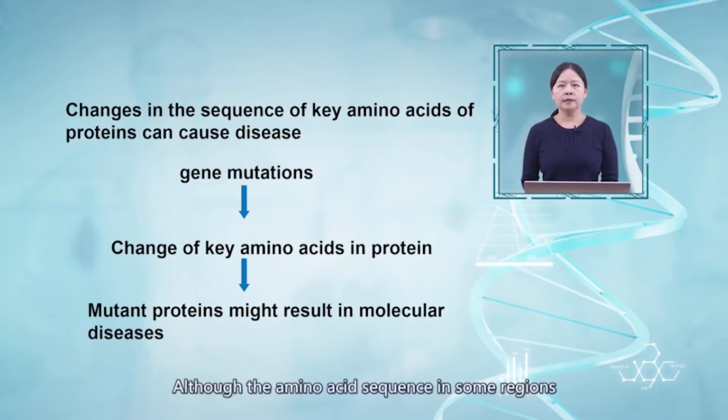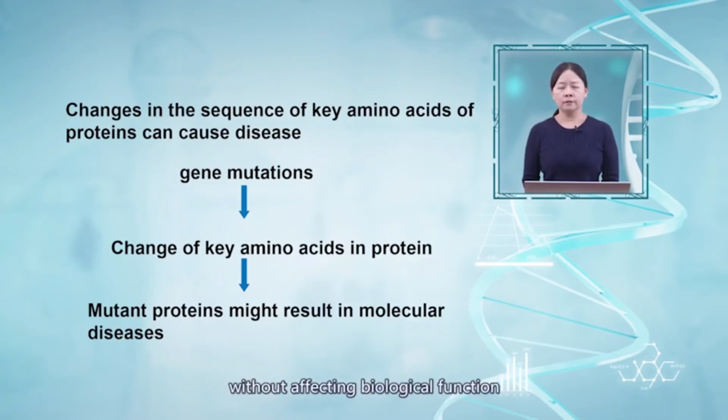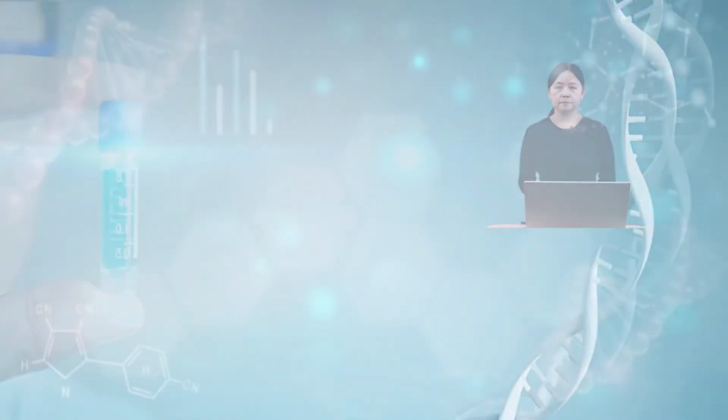Although the amino acid sequence in some regions of the primary structure might vary considerably without affecting biological function, most proteins contain crucial regions that are essential to their function. Gene mutations in these crucial regions can lead to changes of key amino acids, therefore affect the structure of proteins and result in molecular diseases.